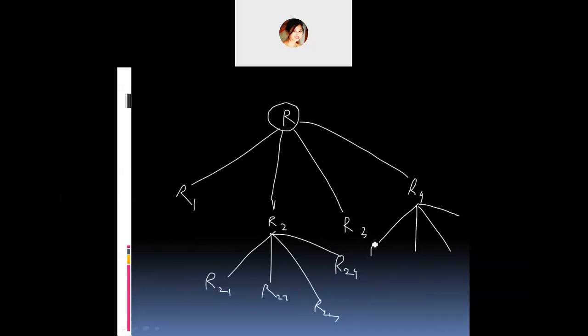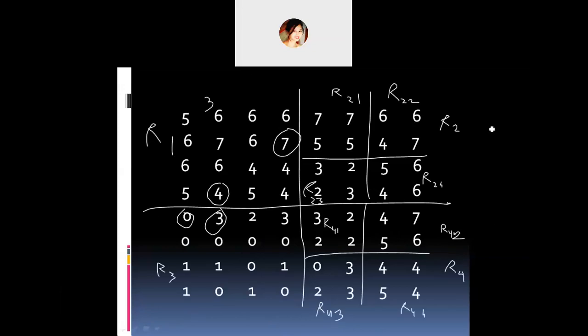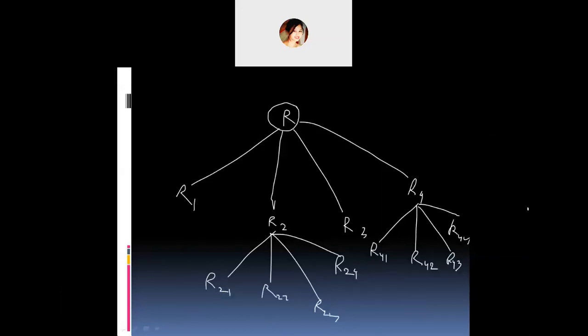So again R4 is divided into 4 regions, R41, R42, R43, R44. So this is the output of a quad tree for this particular region.